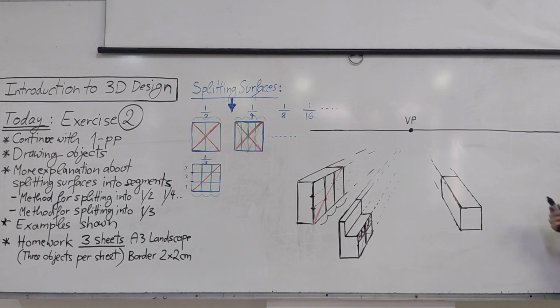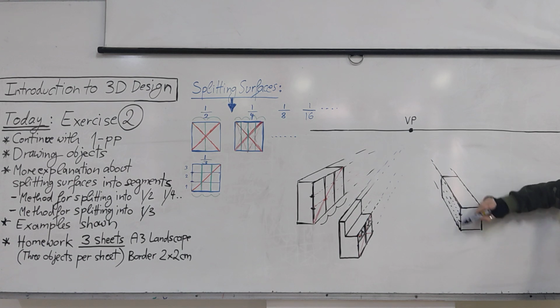Now, I need to put some detail in this area, but I need to know the third of it. Like, for example, 1, 2, 3. I need to put here in the middle something. So we need to divide the surface into three. So we will divide this into three equal parts, 1, 2, 3. Take this to the vanishing point, from here and from here.